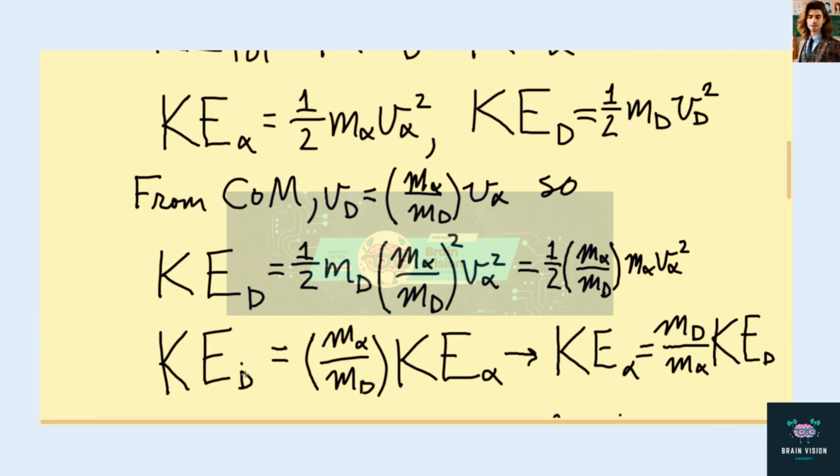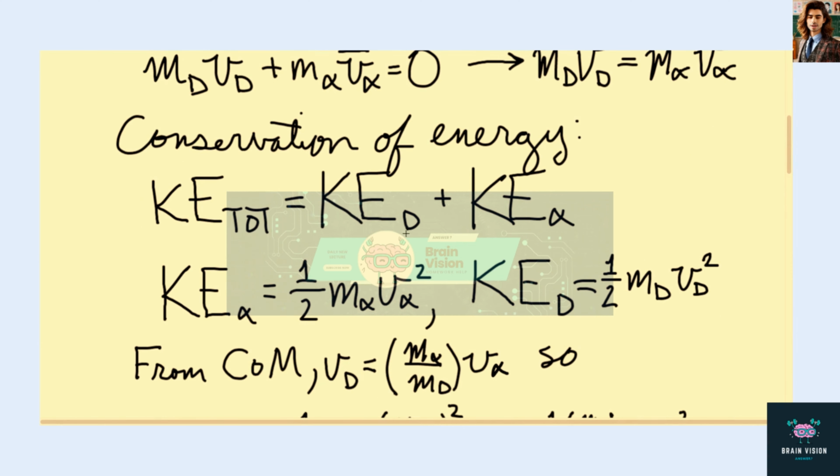I've decided that we can do the reverse and express the kinetic energy of the alpha particle in terms of the kinetic energy of the daughter nucleus, and insert this relation into the conservation of energy relationship above, this guy here.